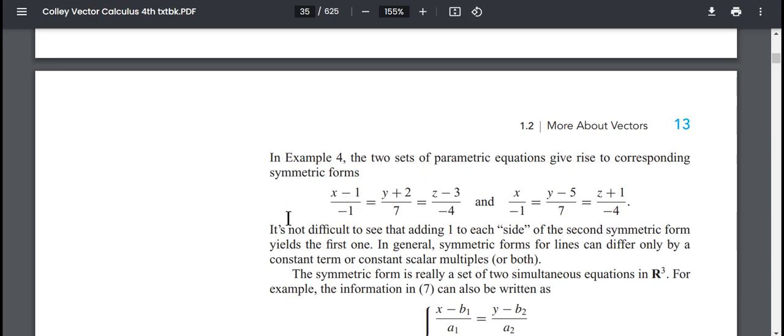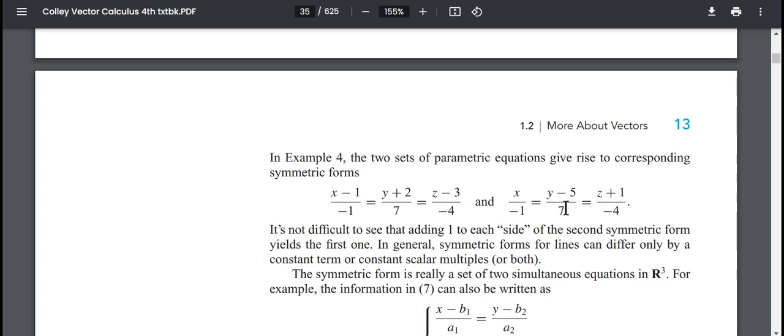By adding 1, they mean, for example, if you're going to add 1 to this, you would add -1 over -1 to this. No, I'm sorry. You'd add -1 over -1 to this, and you'd get this. And you'd add -1 over -1 to this, and you'd get this.